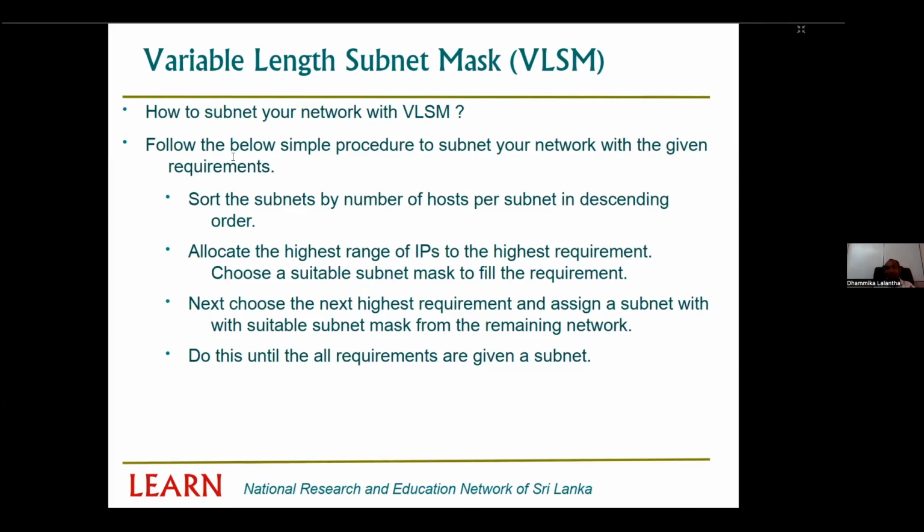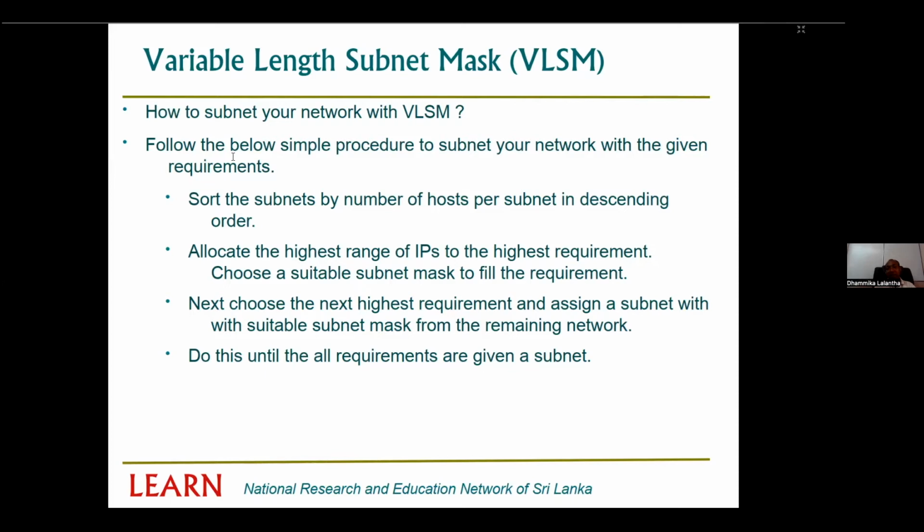First, you have to sort the requirements or subnets by the number of hosts per subnet in descending order. Then you have to allocate the first range of IPs from the given network to the highest requirement.